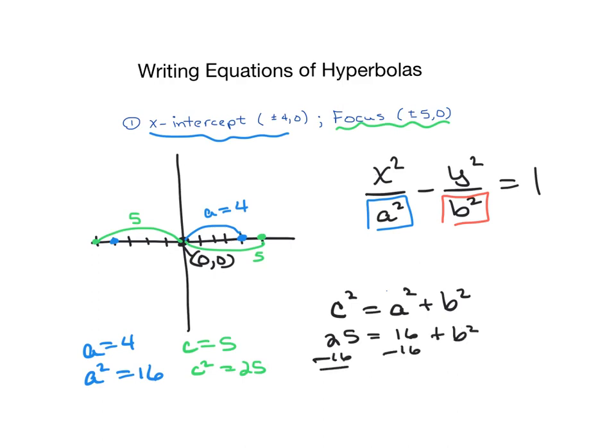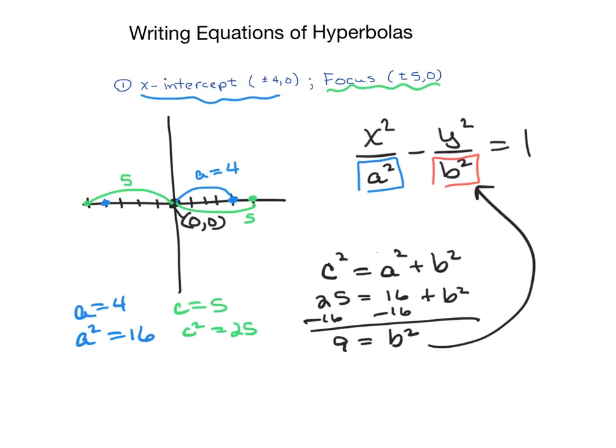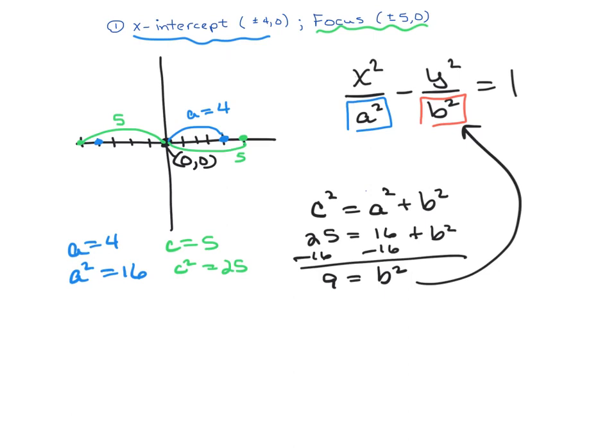Subtract the 16. 25 minus 16 is 9. So b squared equals 9. I don't need to square root it, because remember, all we're doing is plugging it in. So final answer here is x squared over 16 minus y squared over 9 equals 1. And there's my first equation.